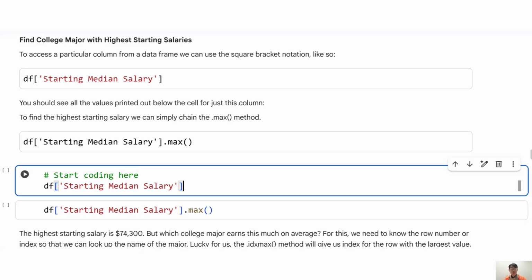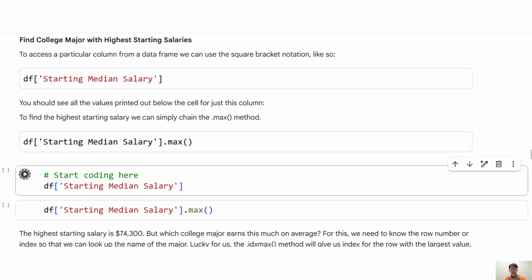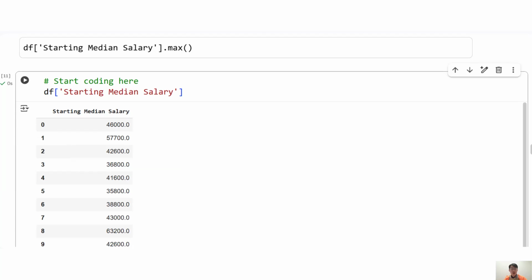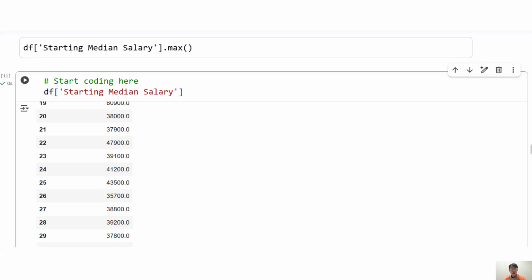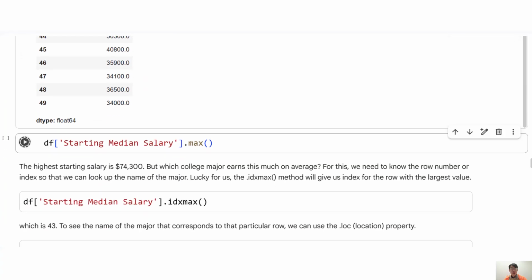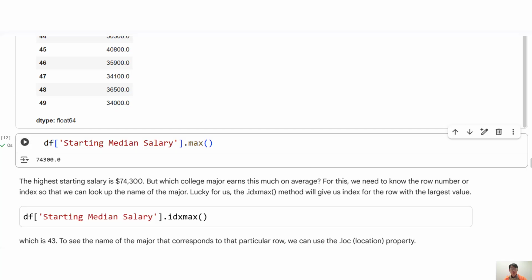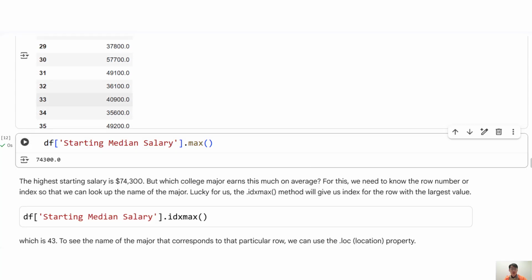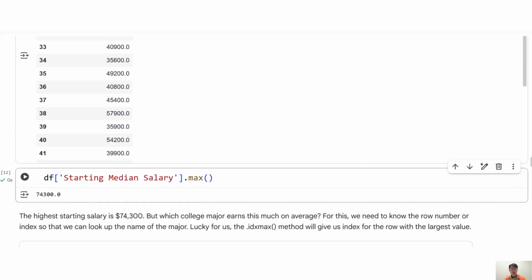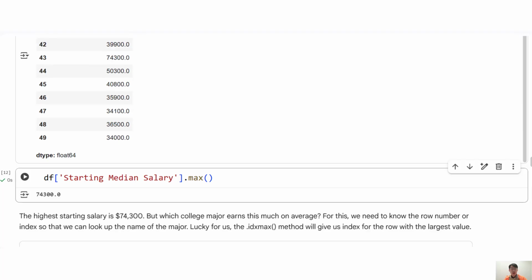So if I say df starting median salary, it will extract the whole column as a series, a single column. And then I use the function called max. It will display the greatest number in this column. So apparently it's 74,000. But the thing is that I want to know what major it is.